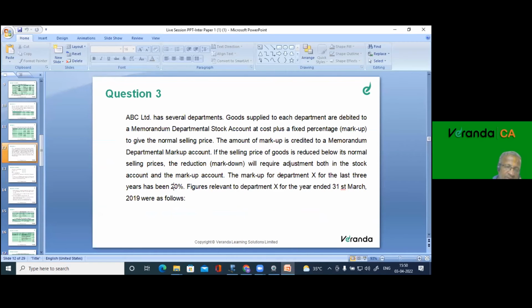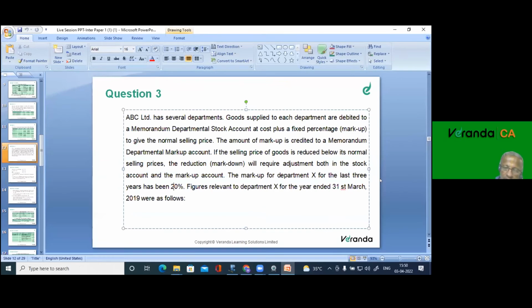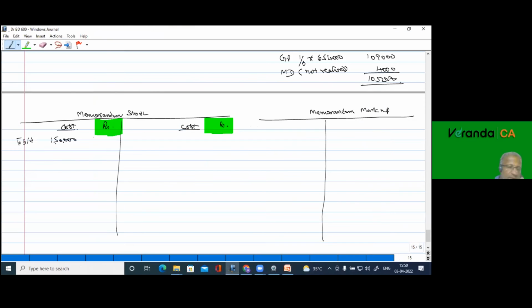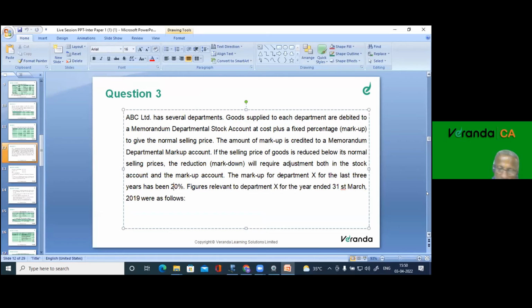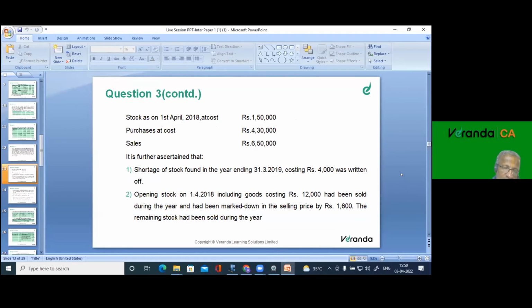The rate of markup is 20% on cost. So here it is going to be 1,50,000 plus 20% minus. What is the markdown that you have? So to the extent of 1,600.